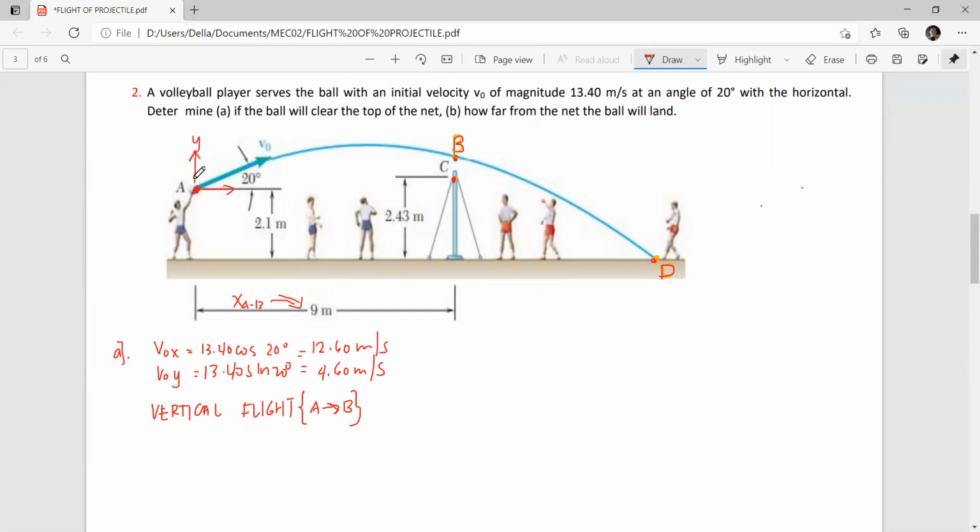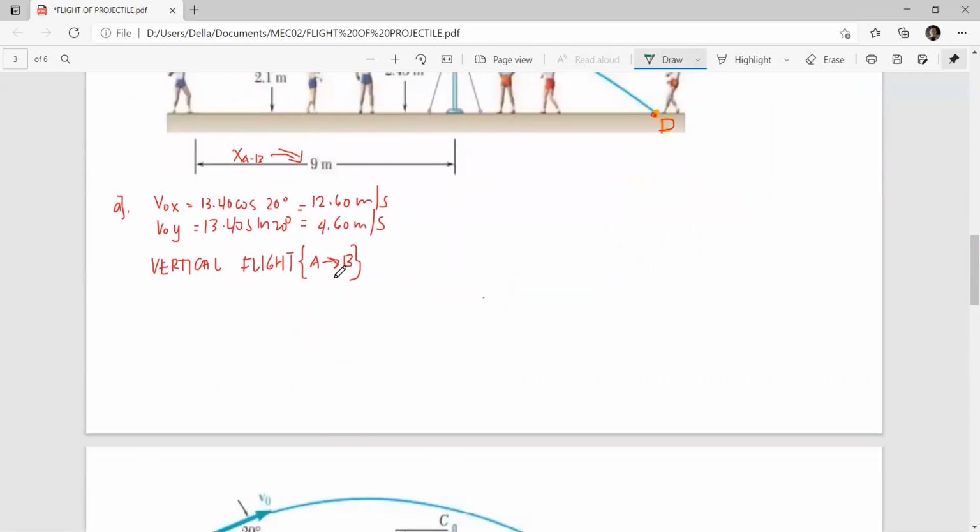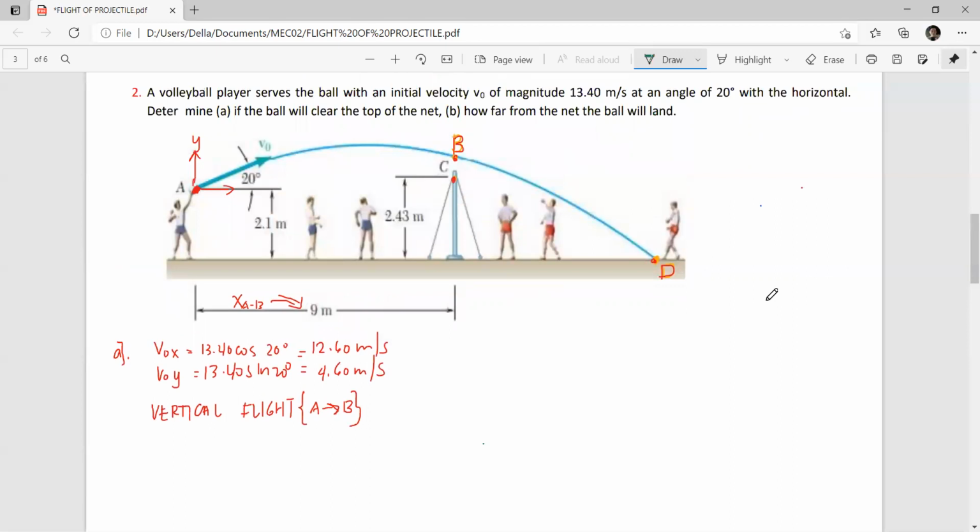So this is our reference. So YB is equal to the location of the particle at the origin plus V0Y multiplied by time minus 1/2 g t squared. So this is considering from A to B.